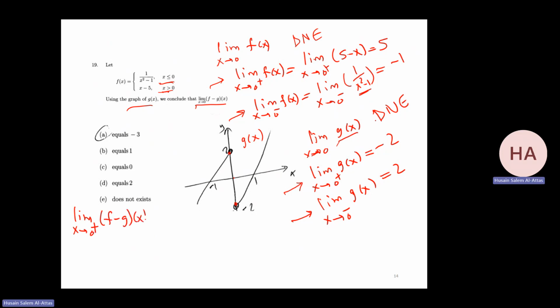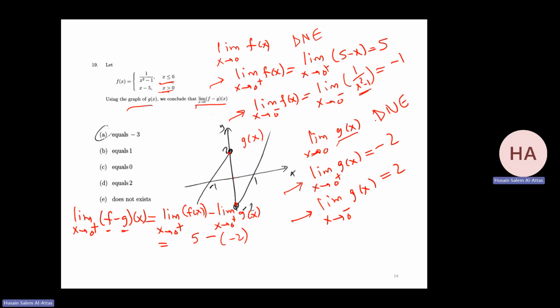Now, can I distribute the limit? Yes. Why can I do this? Because this limit as it goes to 0 from right exists. Limit of g of x as it goes to 0 from right also exists. So I can distribute the limit: limit of f of x minus limit of g of x as it goes to 0 from right. What does that give me? 0 from right for f of x is 5. 0 from right for g of x is minus 2.